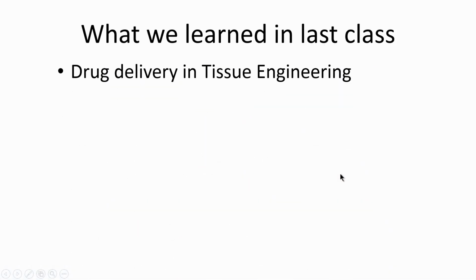In the last class we talked about drug delivery in tissue engineering, and the major part of tissue engineering involves some kind of delivery. This could be small molecules, or some biologic large molecules.